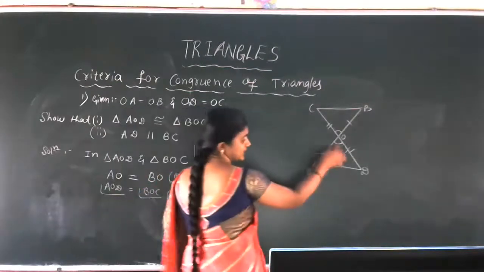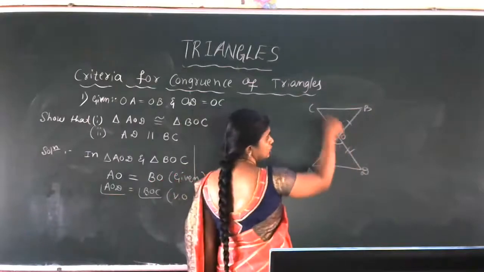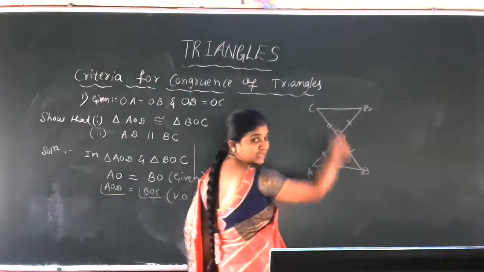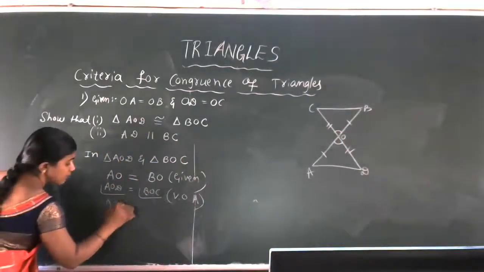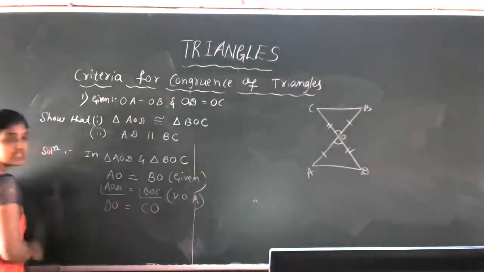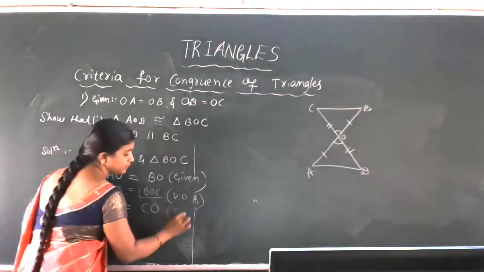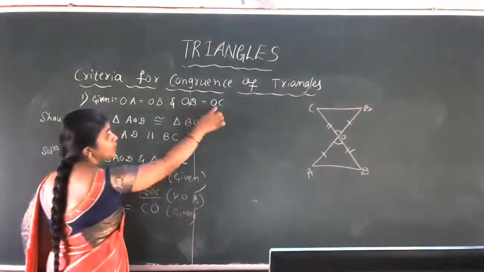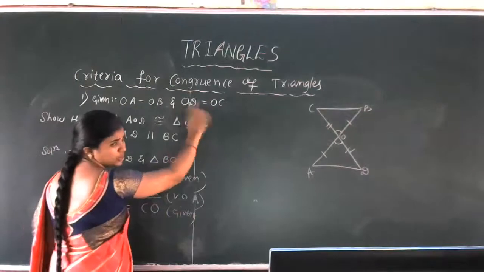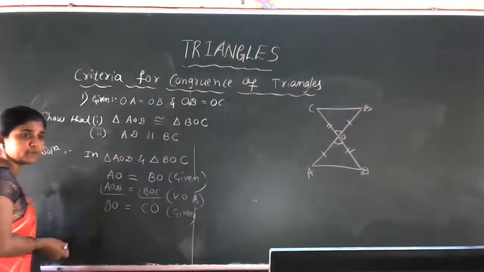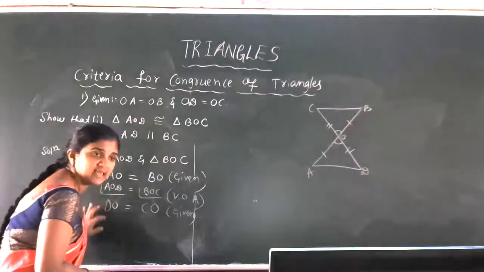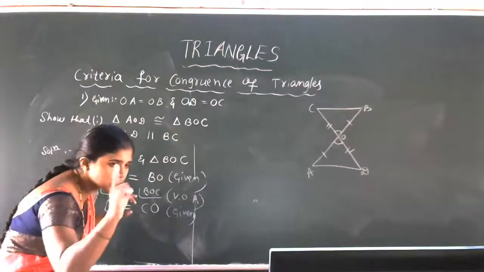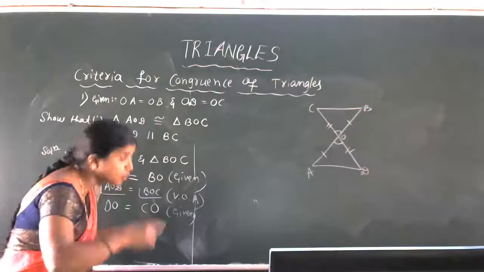Now, it is clear that DO is equal to CO. It is also given in the data. So in triangle AOD, DO is equal to CO, given. You can write either DO equals CO or OD equals OC. Now just observe whether the angle is the included angle.